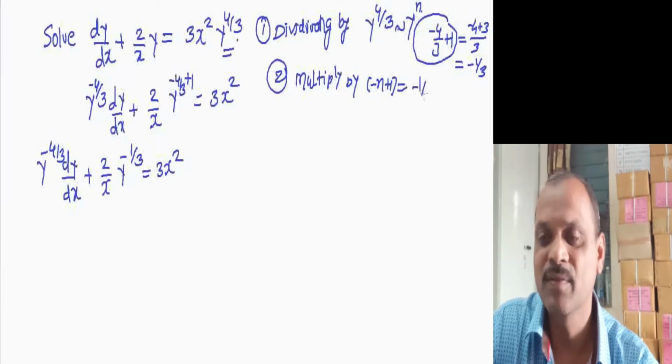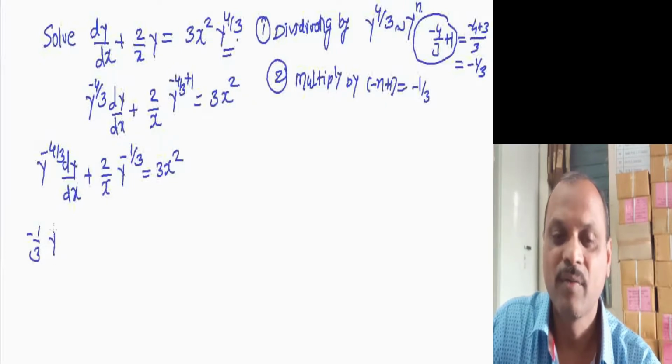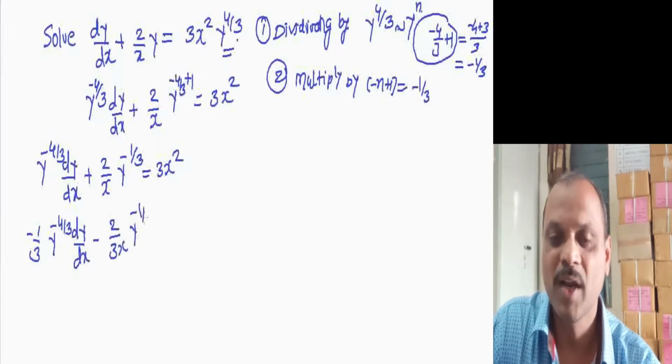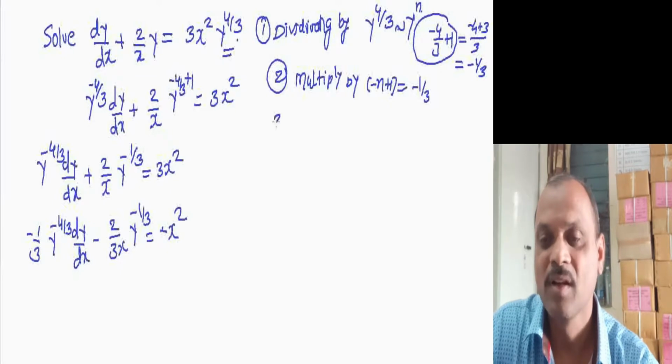That is minus 1 by 3. We multiply this equation by minus 1 by 3: minus 1 by 3 y raised to minus 4 by 3 into dy by dx minus 2 divided by 3 into x y raised to minus 1 by 3 equal to minus 3 gets cancelled, minus x square.